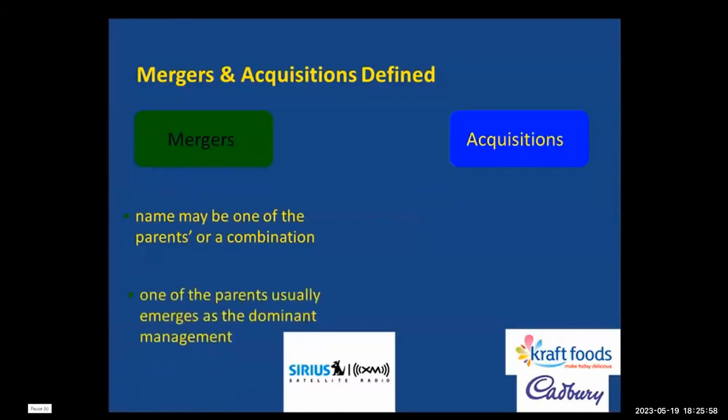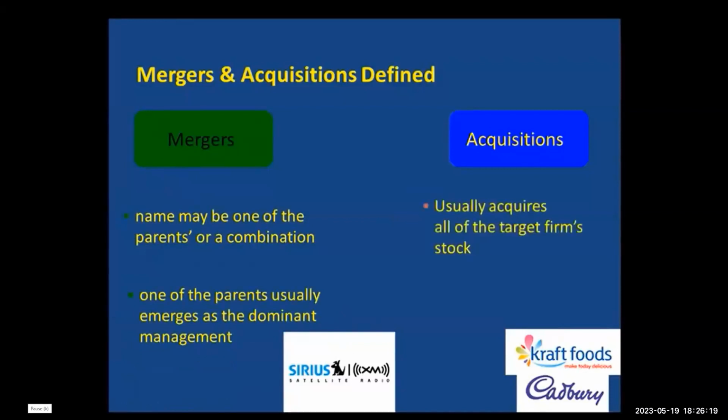One of the parents, regardless of how their name changes or does not change, usually emerges as the dominant management team. I don't know what the case in Sirius XM radio is, but I do know that Daimler, a German company, became the dominant management team of DaimlerChrysler some years ago.